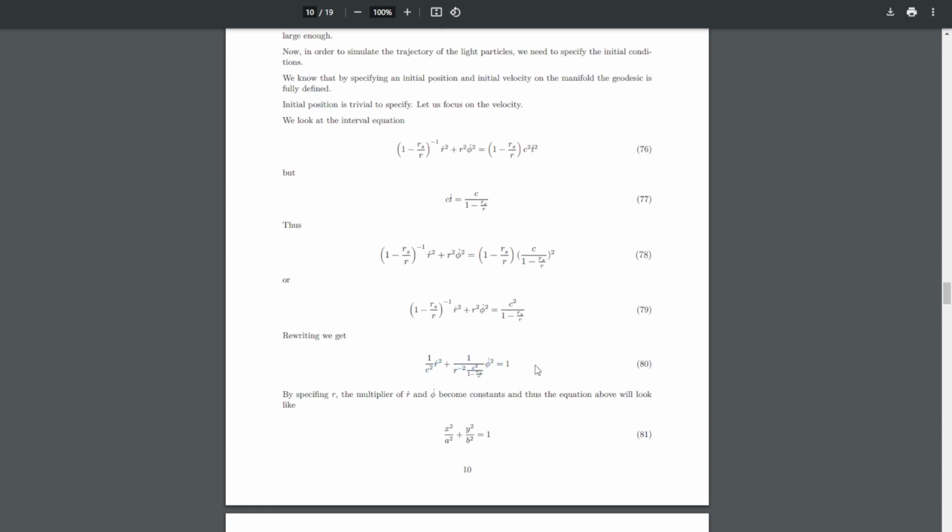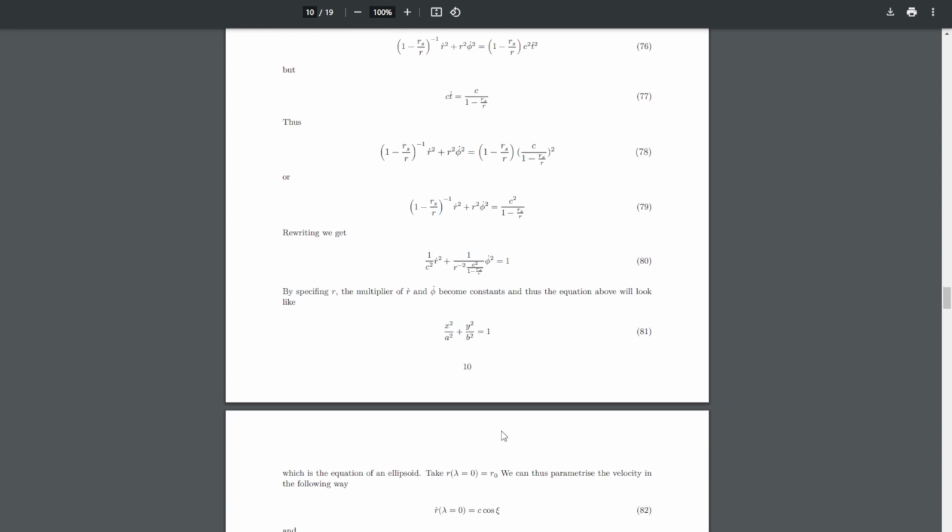And we notice that if we pick an r, then we end up with an equation which looks like this: r dot squared over a constant squared, and phi dot squared over a constant squared, which is actually the equation of an ellipsoid.